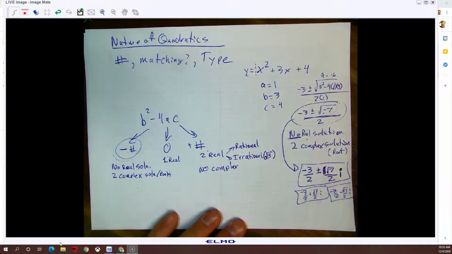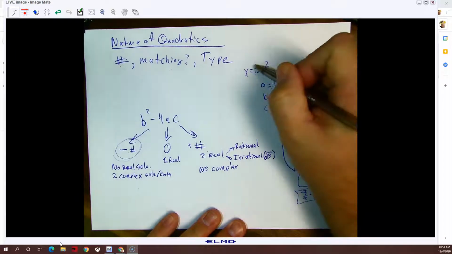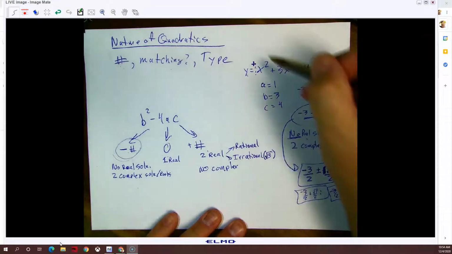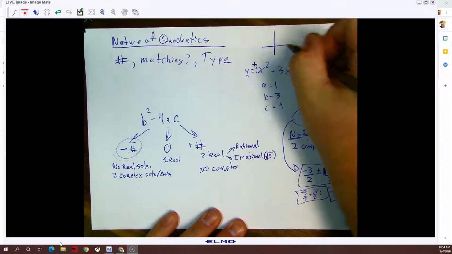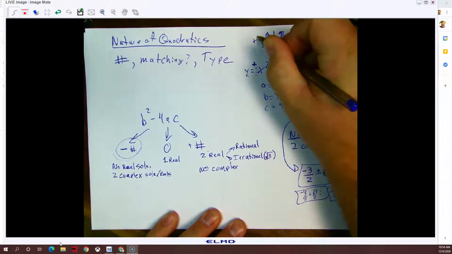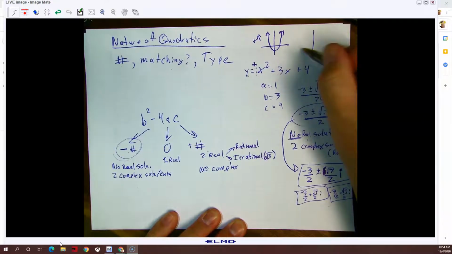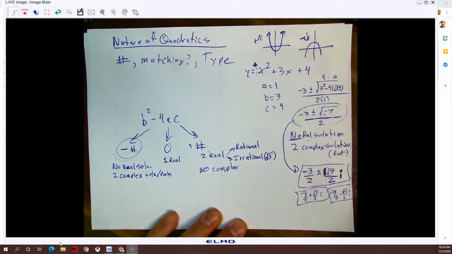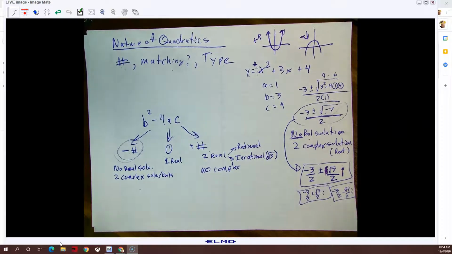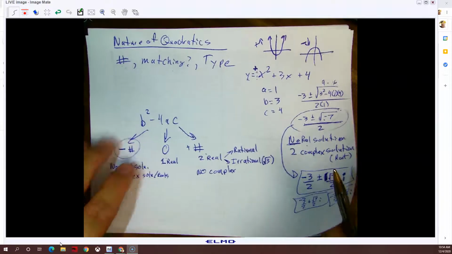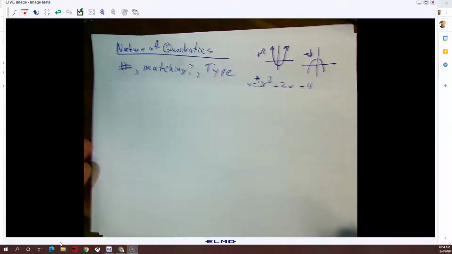The other thing to remember is anytime we talked about polynomials, if we had a positive as the leading coefficient, it means it's going to be standing in the normal direction. So since all quadratics are parabolas, positive means we're going to be opening up, versus if we had a negative, we would be opening down. So those are important pieces of information because we don't even need the equation to know what type of solutions we have.